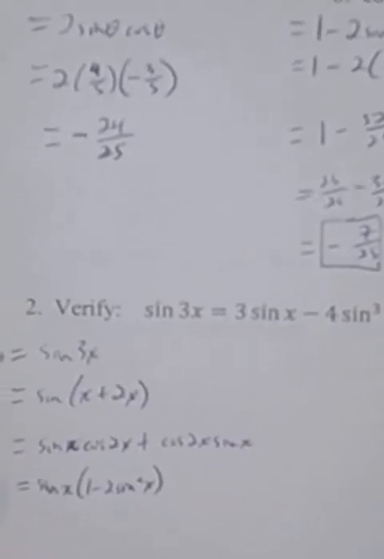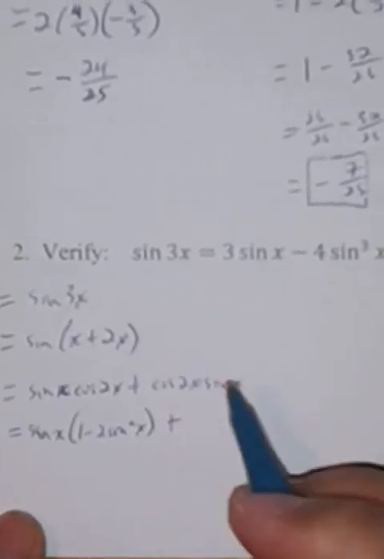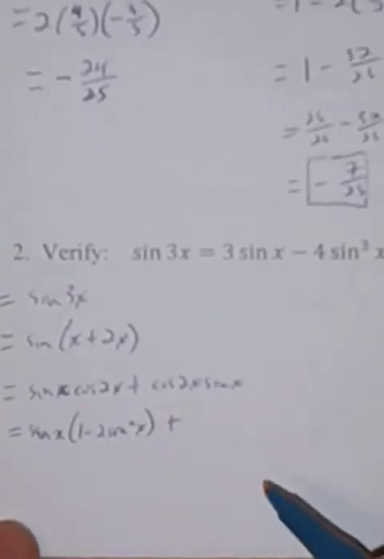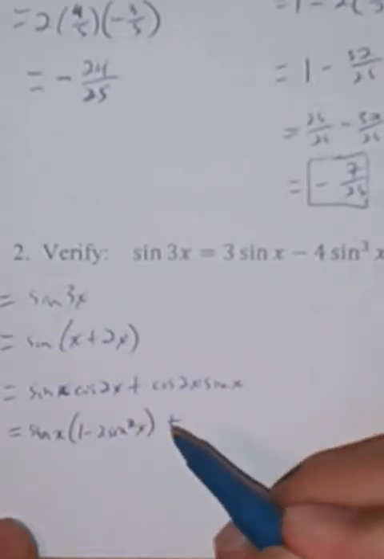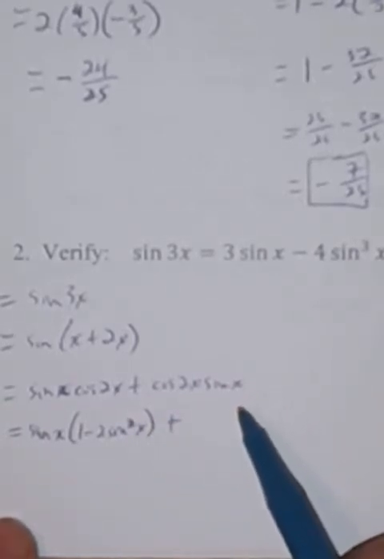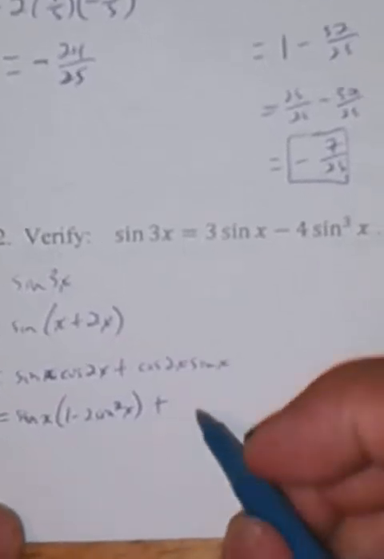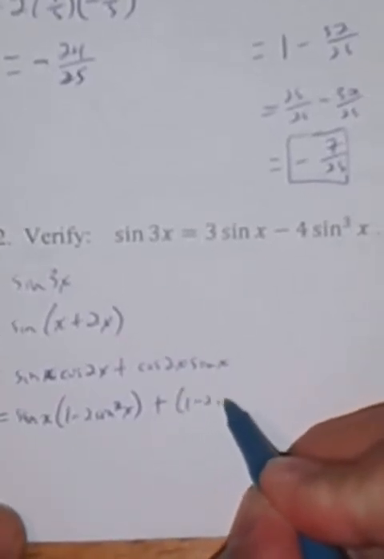Do you remember that? Plus cosine 2x again, which again I'm going to say is 1 minus 2 sine squared x.